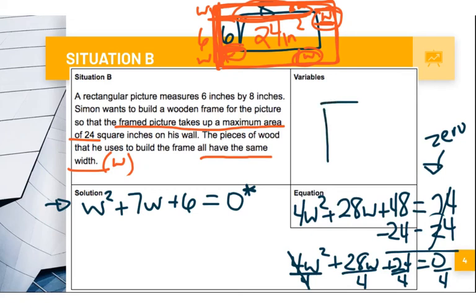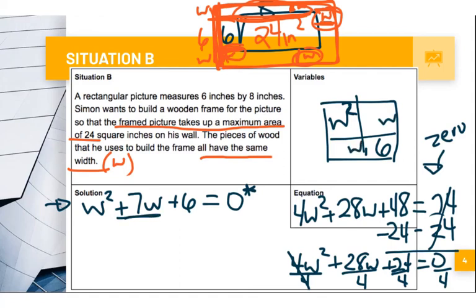If I am using the area method to work backwards, the first term goes in the first box and the last term goes in the last box. I know that these W's have got to add or subtract to give me a positive 7W. So let's see.